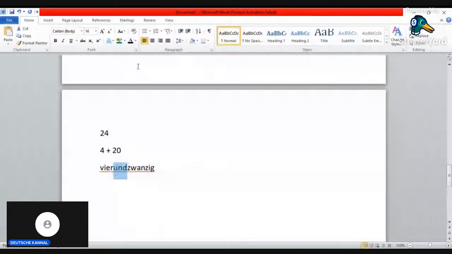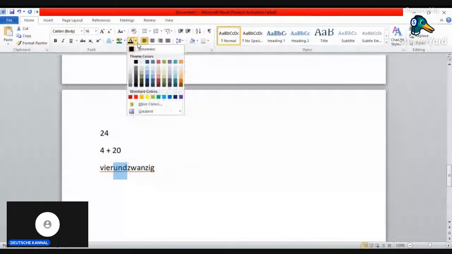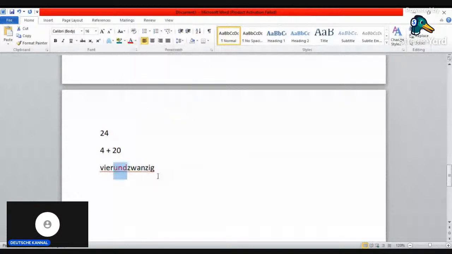Yes, so ein und 20. And the words should be written together and do not leave any space.